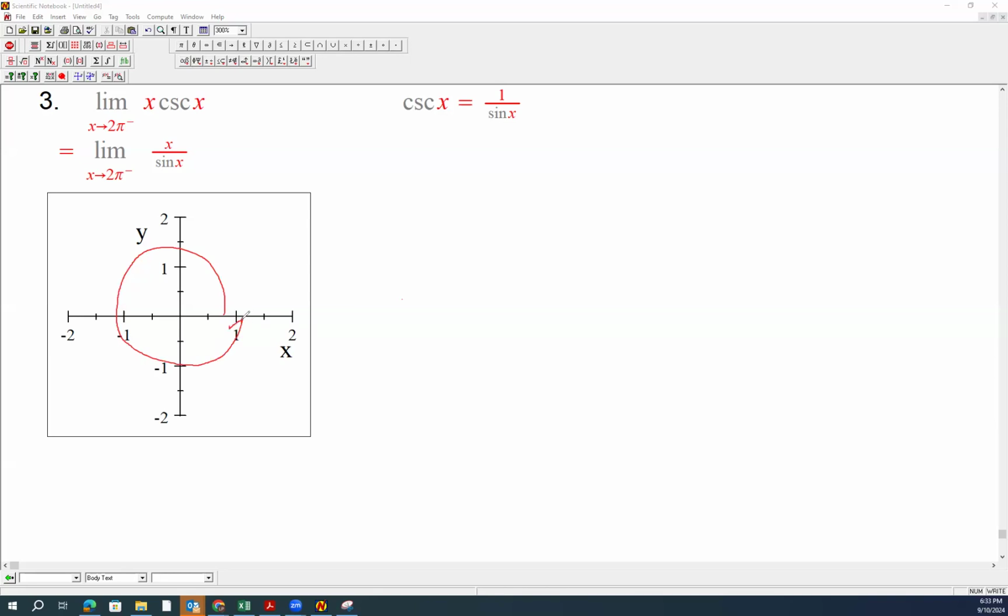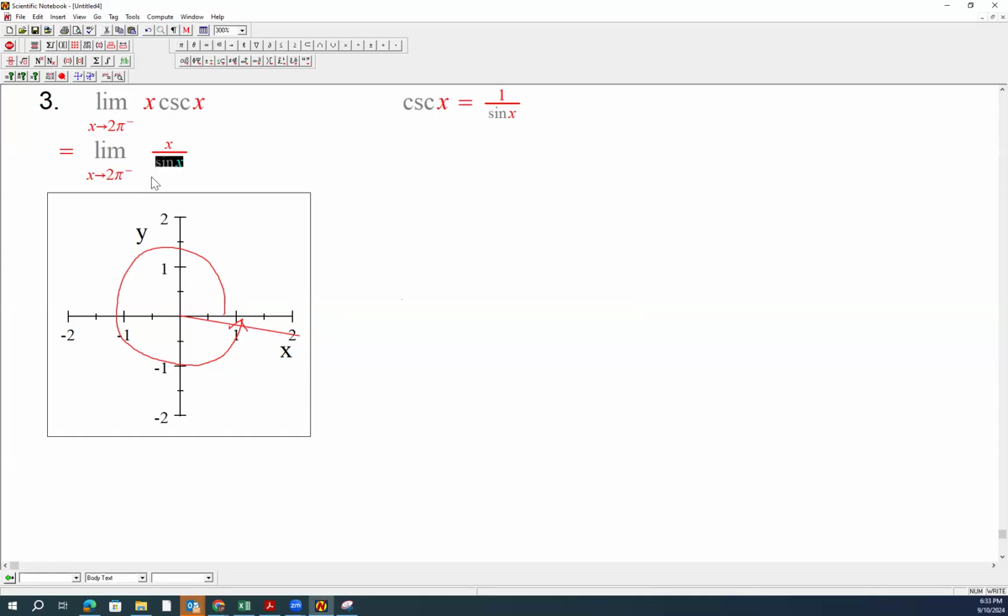So the terminal side is about in the fourth quadrant, something like that. In this quadrant, sine is negative. The numerator x approaching 2 pi is a fixed number.